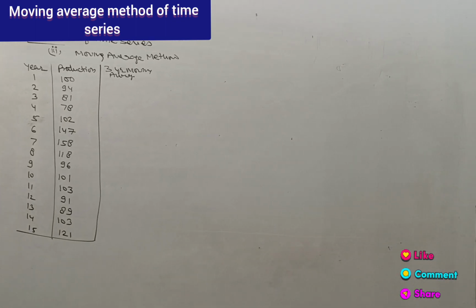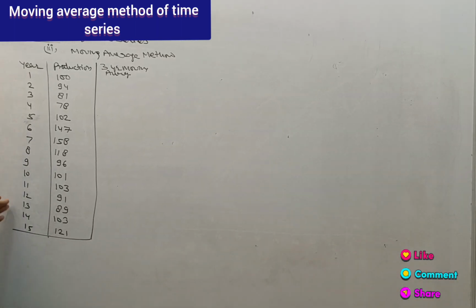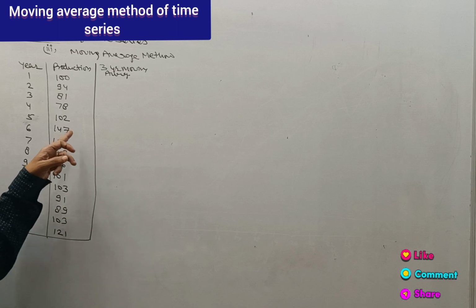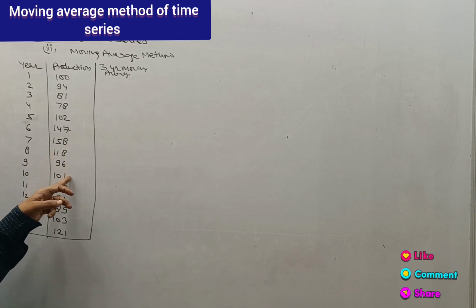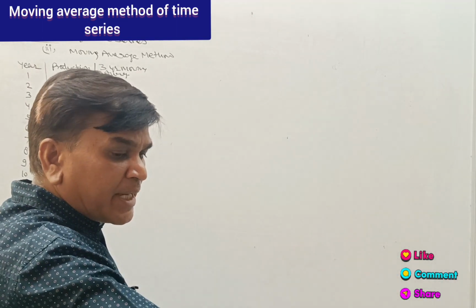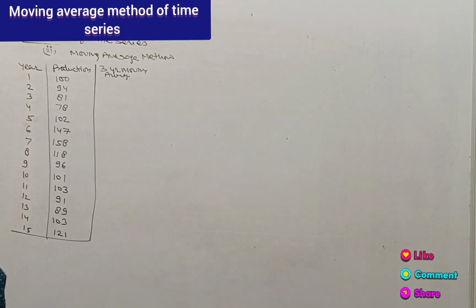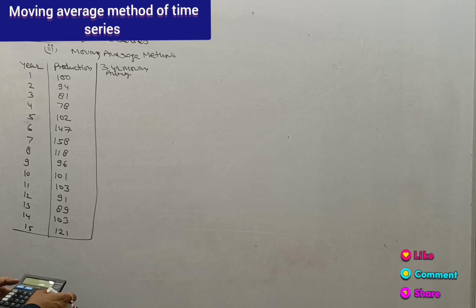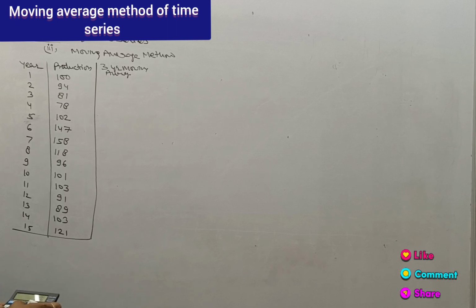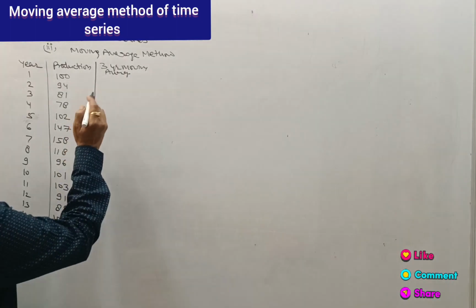So firstly, this is year 1, 2, 3, 4, 5, 6, 7, 8, 9, 10, up to 15 years of data. The production is 100, 94, 81, 78, 102, 147, 158, 118, 96, 101, 103, etc. I am taking a 3 year moving average. For getting it, what do I have to do? The very first step is the addition of 3: 100 plus 94 plus 81, so the addition is 275.